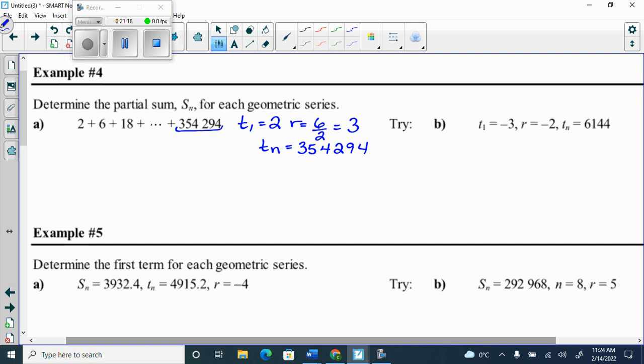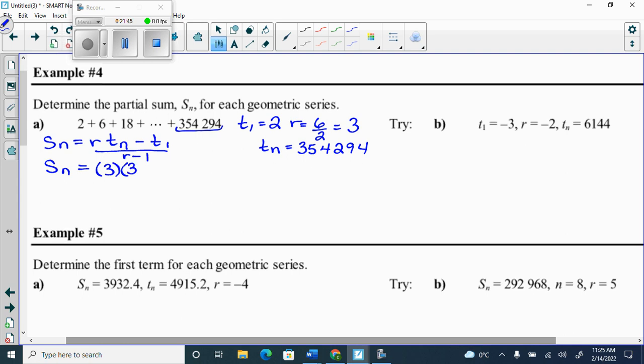So we're going to use the second formula, which is Sn equals R Tn minus T1 over R minus 1. So we're going to find Sn. We can't really fill in an n. It doesn't matter because it just wants the sum anyways. So you don't have to fill in 4 for that. And then we're going to have R. R is 3.